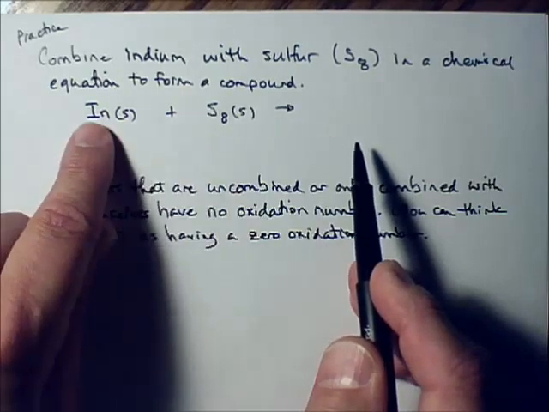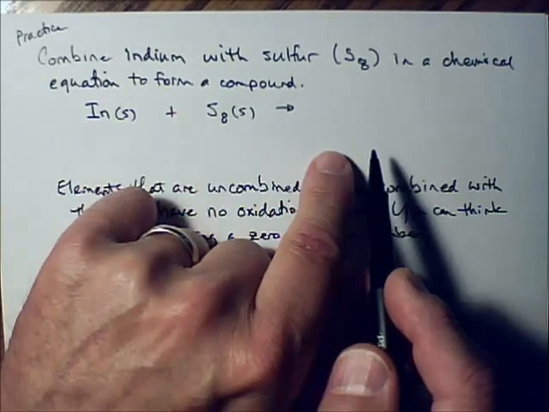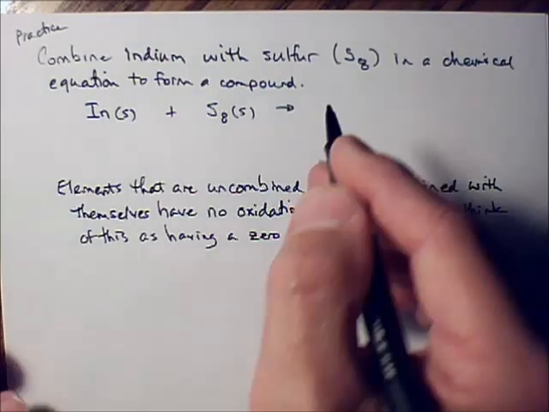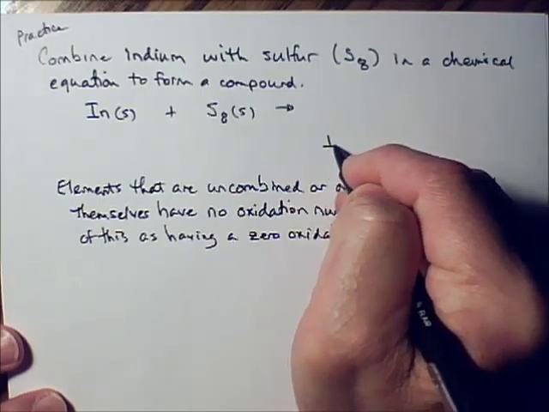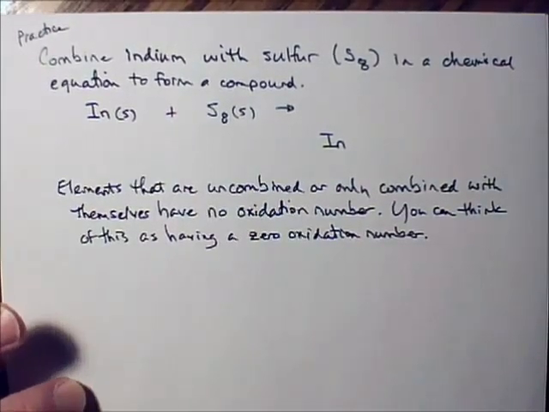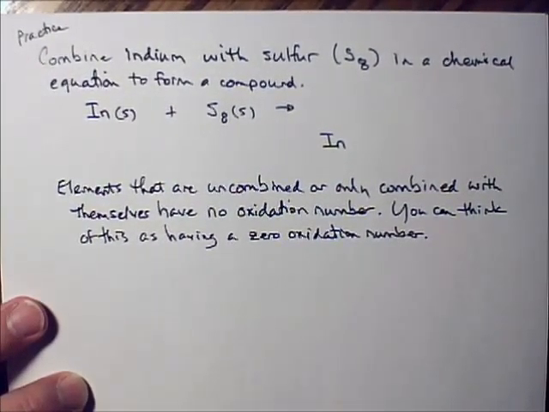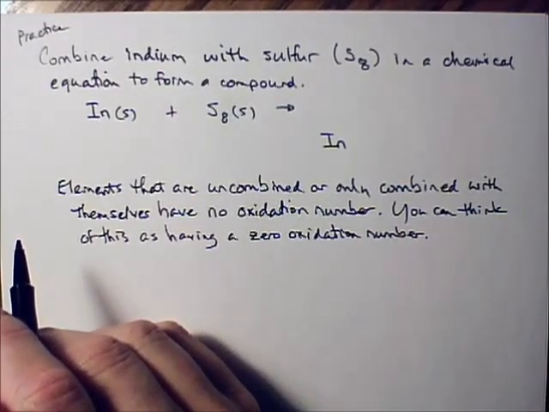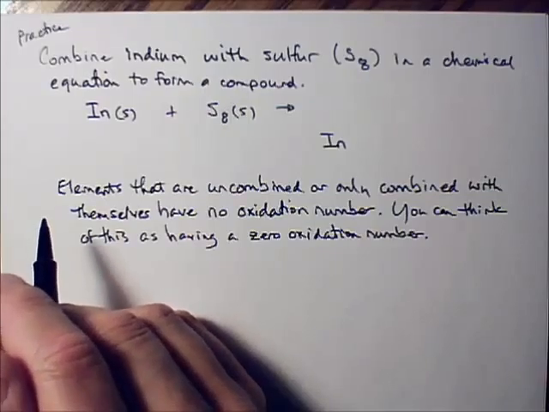So what charge are we going to assign to the indium? Where did you get that? The oxidation number on the periodic table with oxidation numbers. It's right here as a 3+ charge.